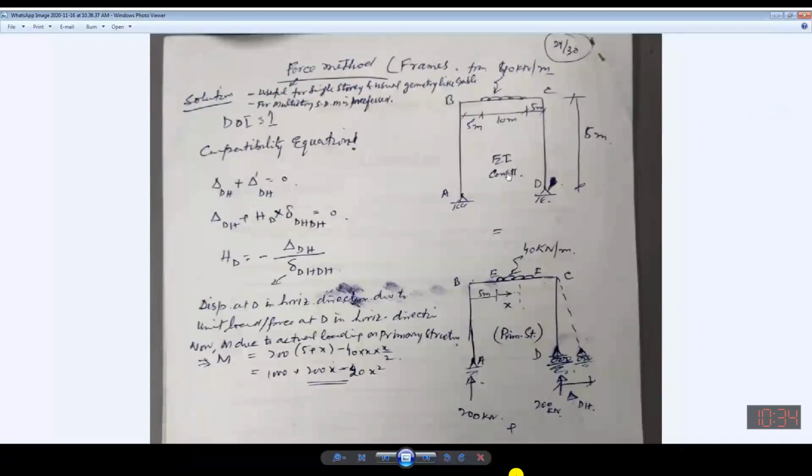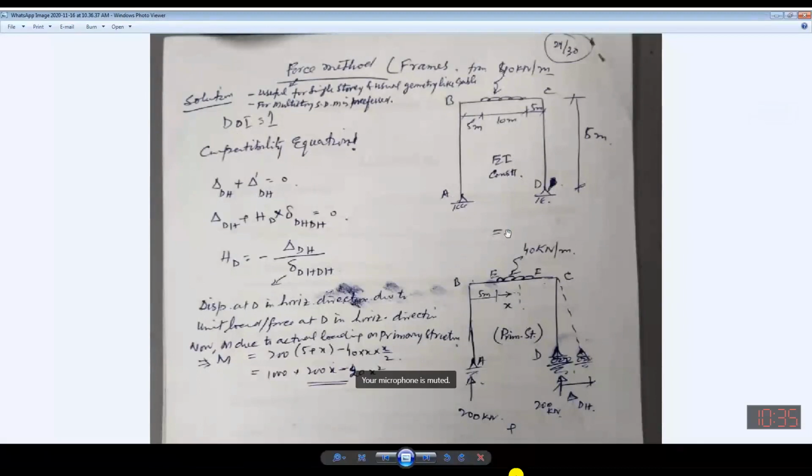Now this structure can be broken into some other structures. In this case, you can see 4 reactions are there, so 4 minus 3, 1. So degree of indeterminacy is 1. It means to analyze this structure, I need 4 equations. 3 equations of equilibrium are already available with us.